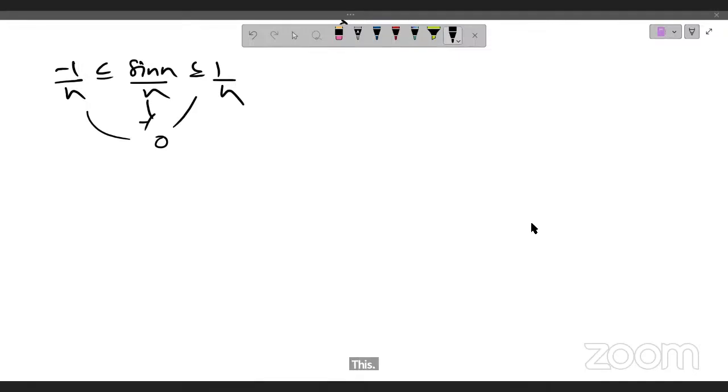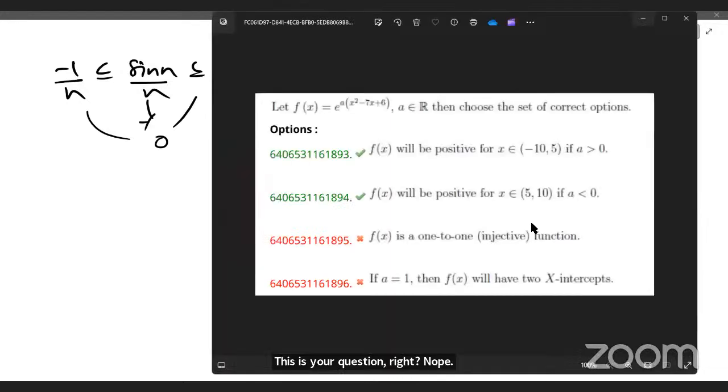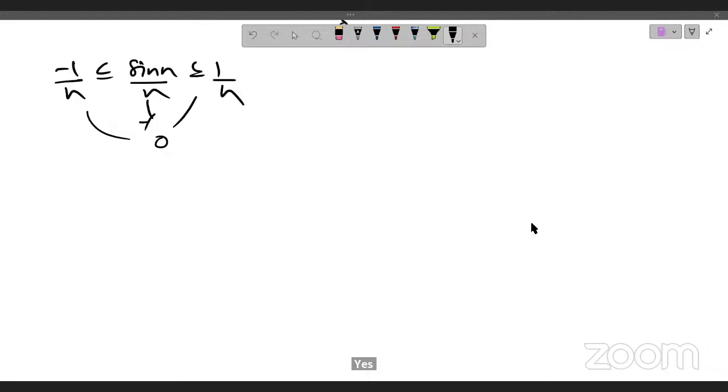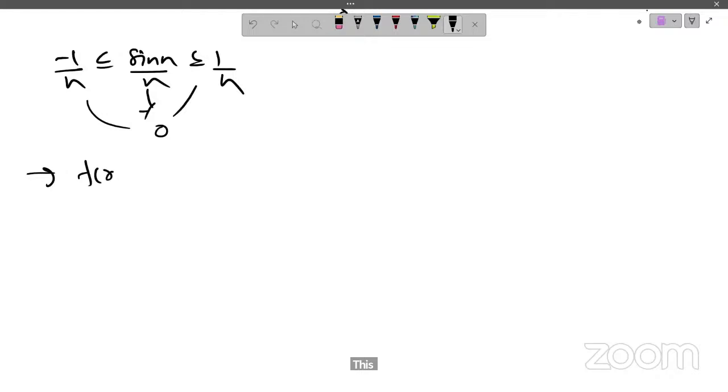F of x is equal to e to the power... Hello? No, ma'am. F of x equals log 2. Yes, ma'am, I'm audible. Where is it? F of x equals log 2 base 3x. Check the latest message.